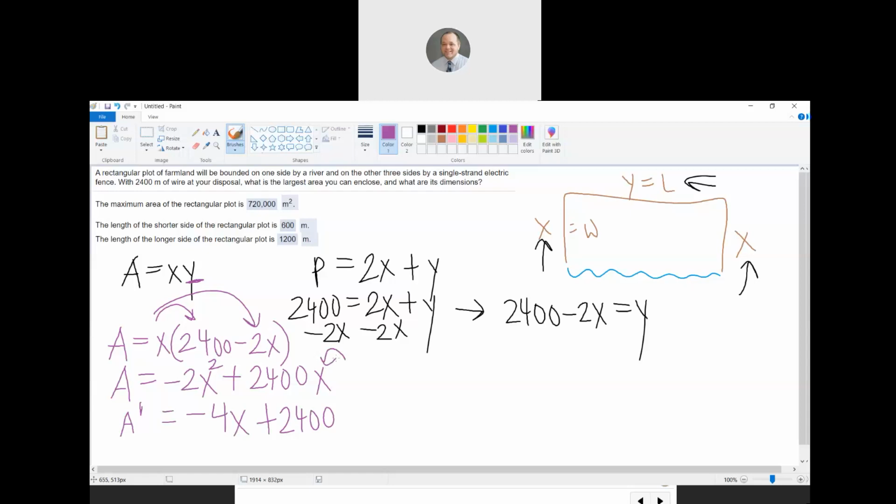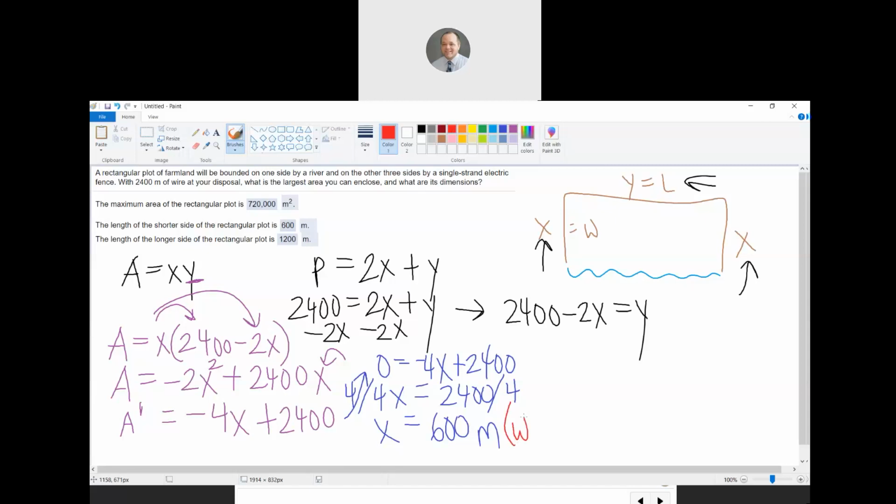Now, to find our critical point, set your derivative equal to 0. We have 0 equal to negative 4x plus 2,400. When we divide both sides by 4, we get 600 meters. 600 meters is the width.